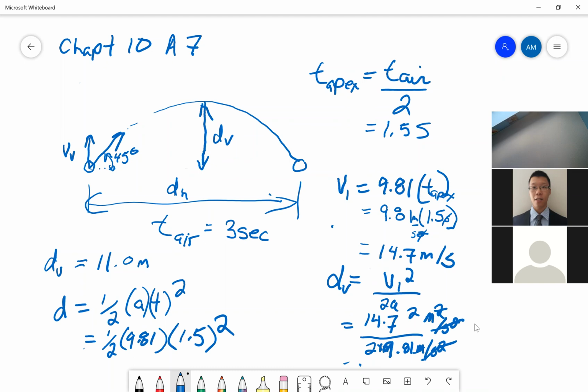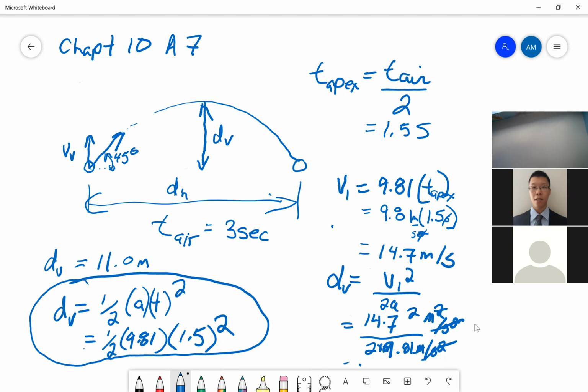Do you come up with the same answer? Yes. Good. Both of those work. This one's, of course, more direct, but it does work.